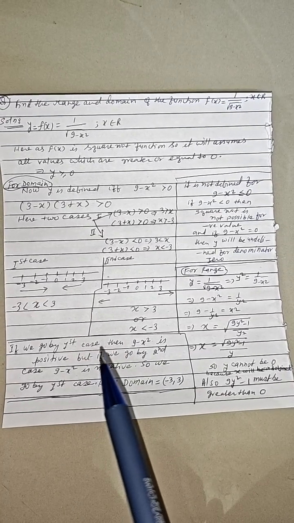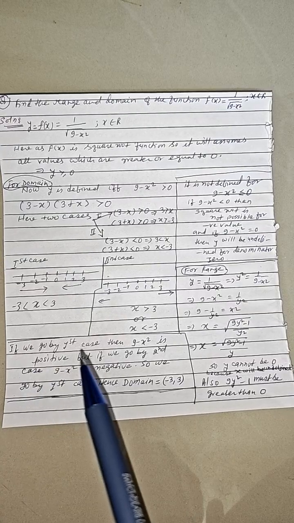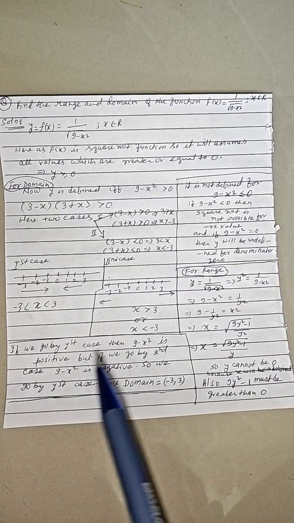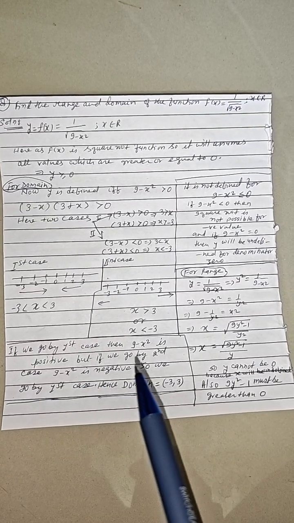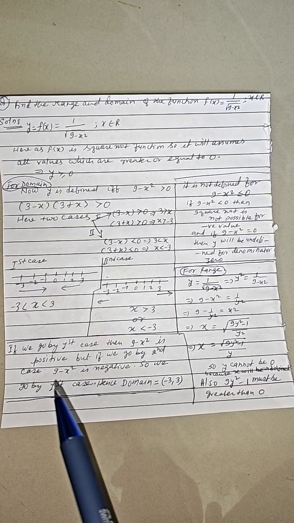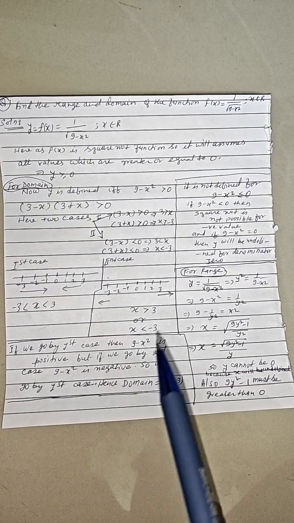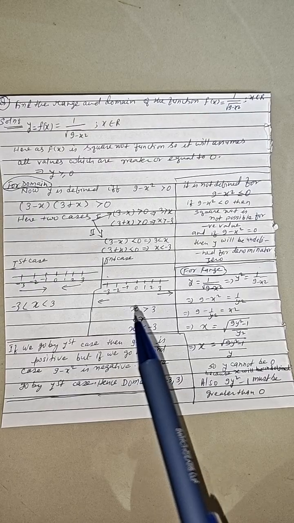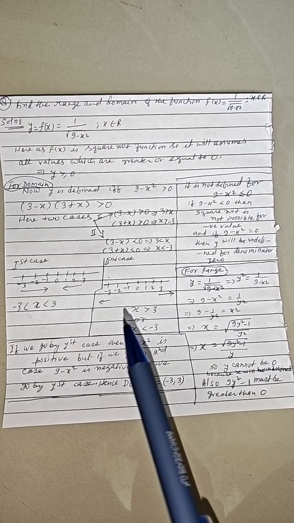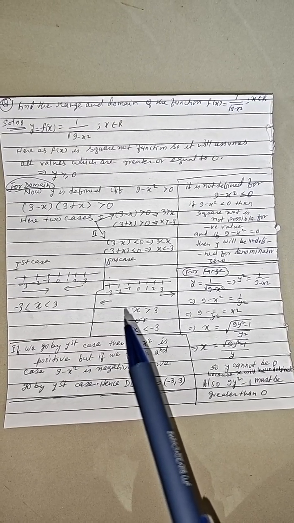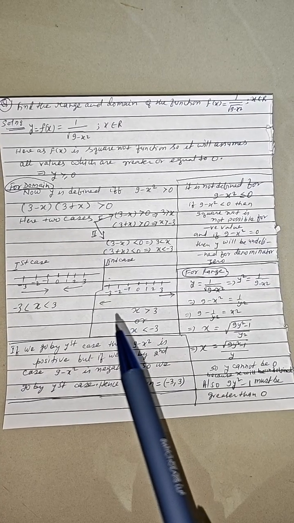One more point: if we go by the first case, 9 minus x square is positive. But if we go by the second case, 9 minus x square is negative, because take a value greater than 3, like 4. So 9 minus 4 square is 9 minus 16, that is minus 7, not defined.